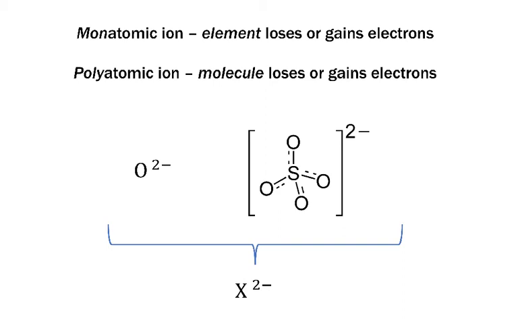A polyatomic ion, which is many atoms, is essentially a molecule that loses or gains electrons. So here are two examples, one of each. We have O2 minus, right? That's monatomic. It's simply an oxygen atom that gains 2 electrons, or that has, you could say, 2 more electrons than it has protons.